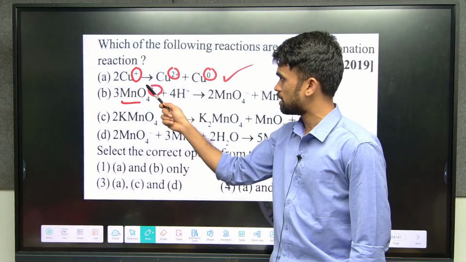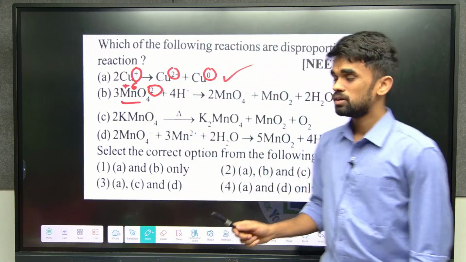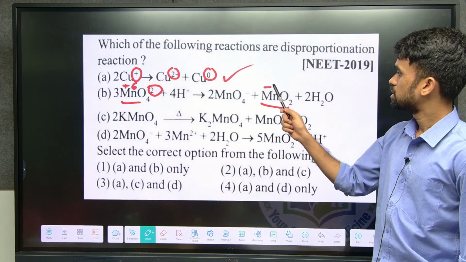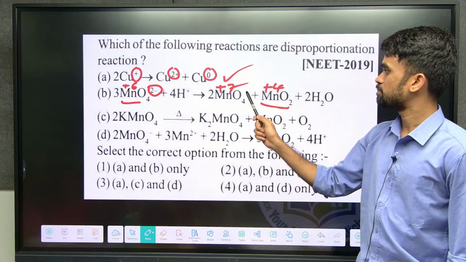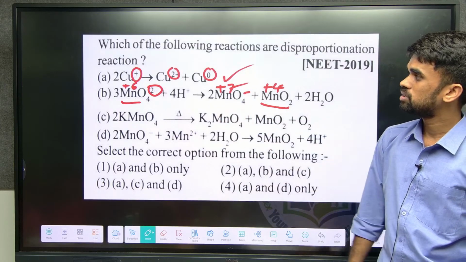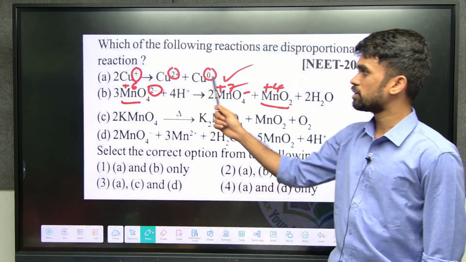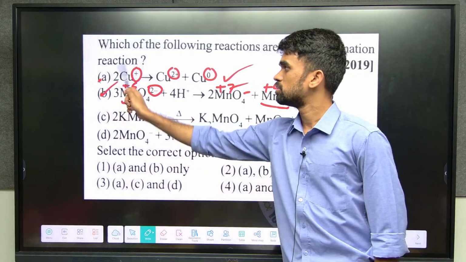Do it properly. It is minus 2 now. So if you calculate here, you will get plus 6. Okay, so here it is plus 4, here it is plus 7. See, minus 1 charge is there, so plus 7. So what is this reaction now? 6 is converting into 7, oxidation, and 4 means reduction. So this is also disproportionation.